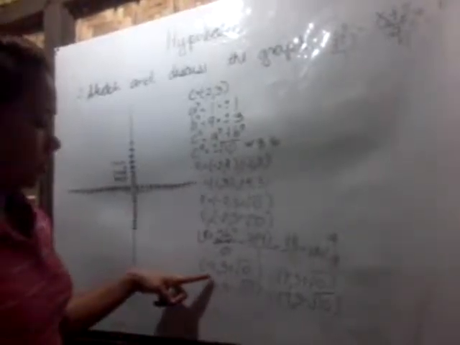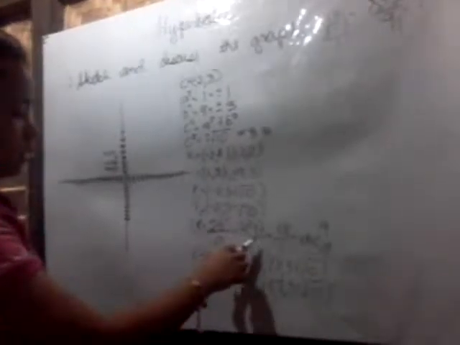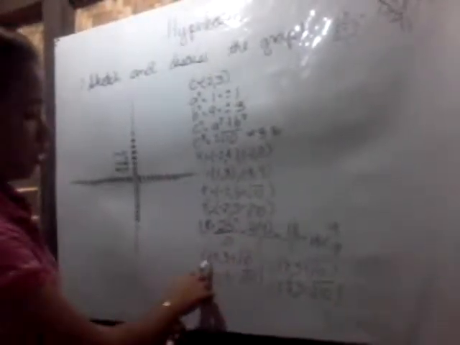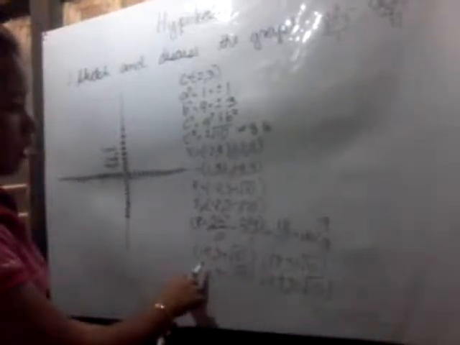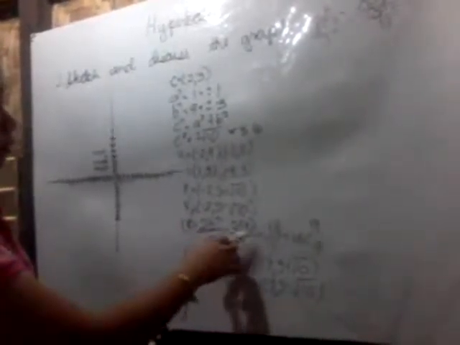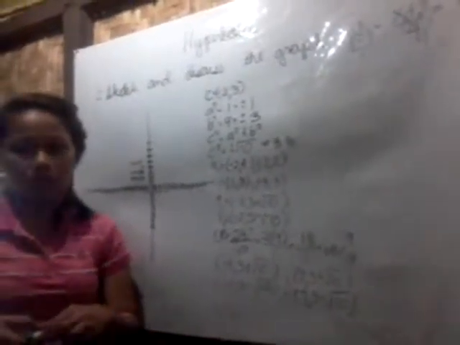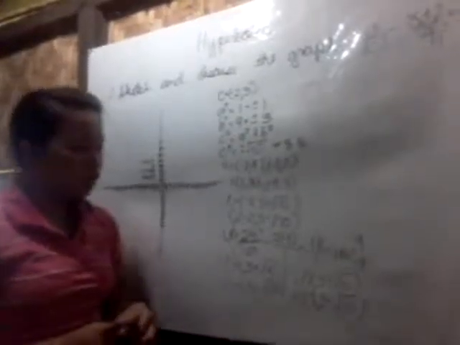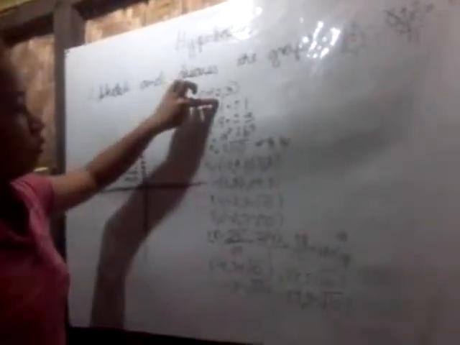So now negative 11 comes from negative 2 plus 9 equals 11, negative 11, and negative 2 minus 9 equals positive 7. Oh, no, this negative 2 minus 9 is negative 11, and negative 2 plus 9 equals 7. My mistake.